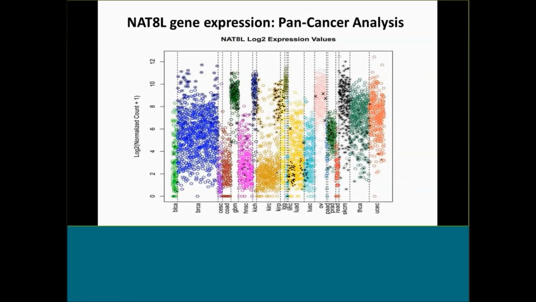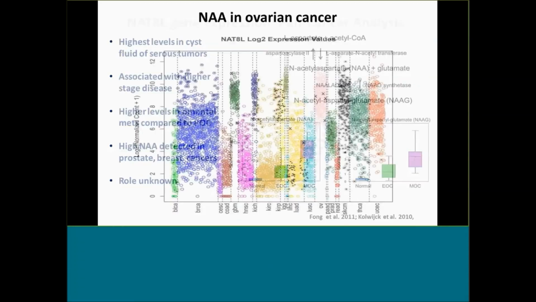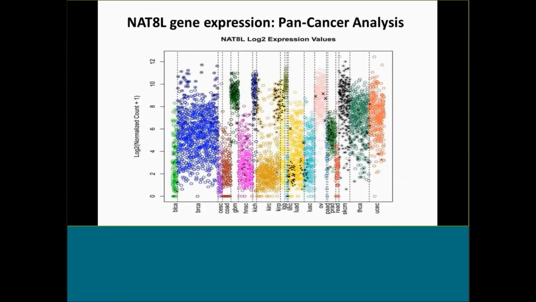Now, again, overlaying informatics can be really quite powerful. We work with Keith Baggerly, who's a forensic bioinformatician, with very powerful tools that he's created. This is a pan-cancer analysis using all the TCGA sets for NATSL, which is a biosynthetic enzyme for NAA. The pink here is ovarian cancers.